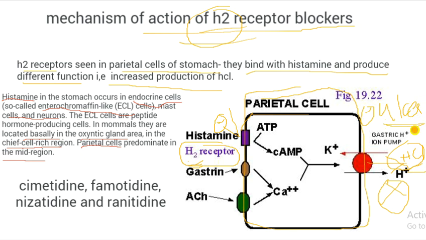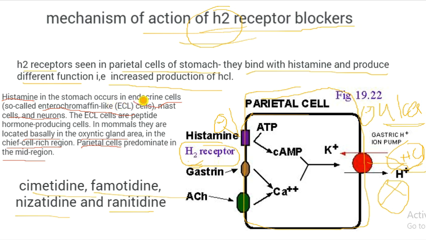In ulcer, the mucosa of the stomach is damaged, so if HCl is produced, it will exacerbate the ulcer disease. That's why we prescribe H2 receptor blockers. Ranitidine, cimetidine, famotidine and nizatidine are examples of H2 receptor blockers.